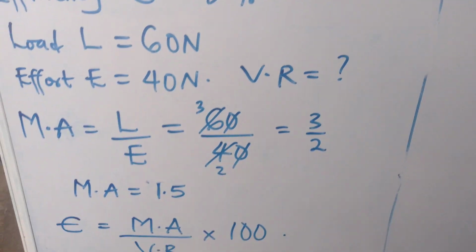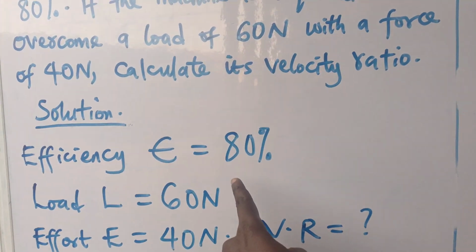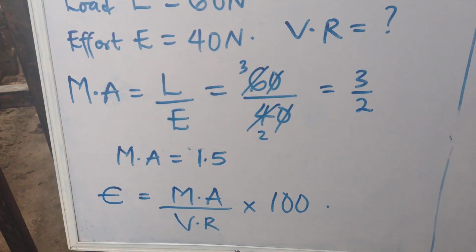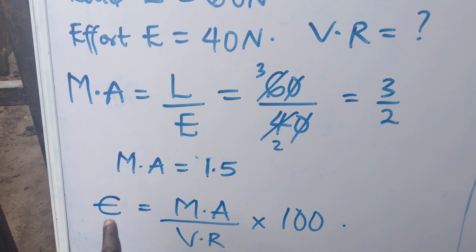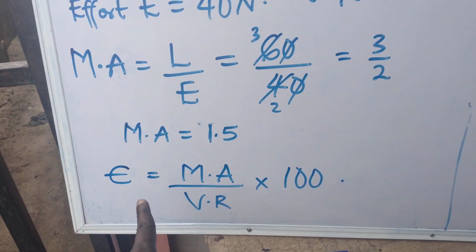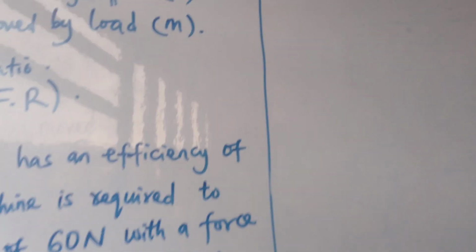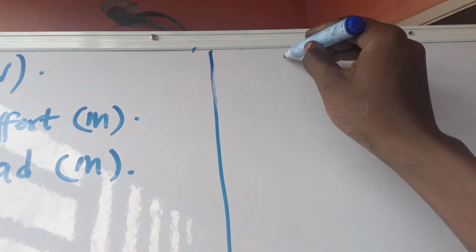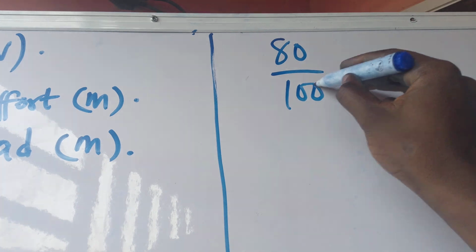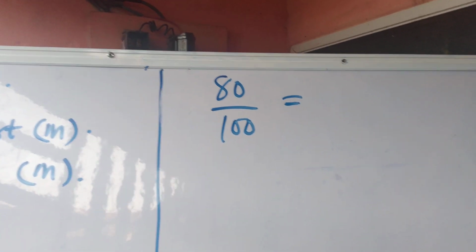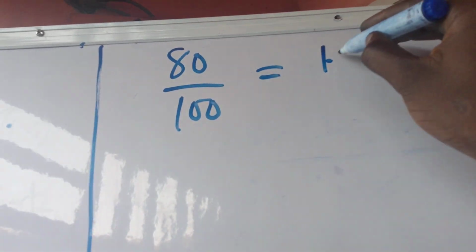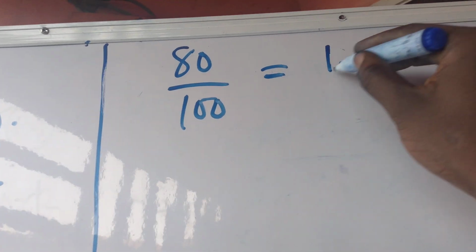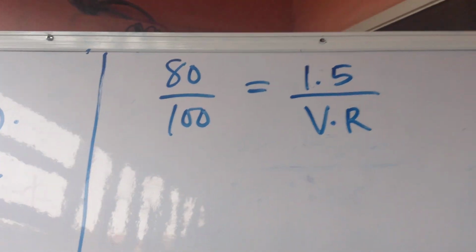If I convert this percentage to a fraction, in place of E I'll put 80 over 100. So 80 over 100 is equal to the mechanical advantage, 1.5, over the velocity ratio, which is unknown.